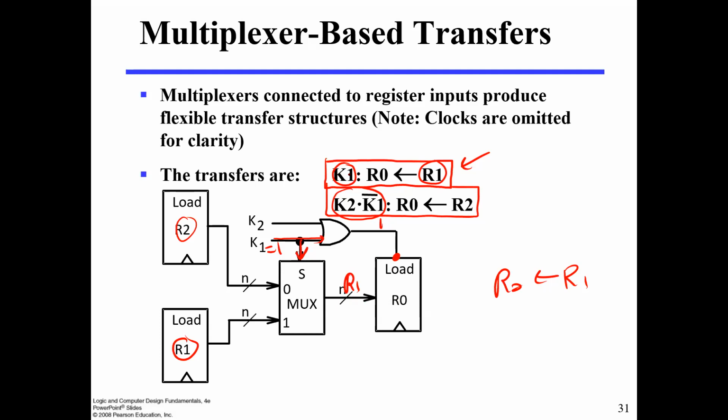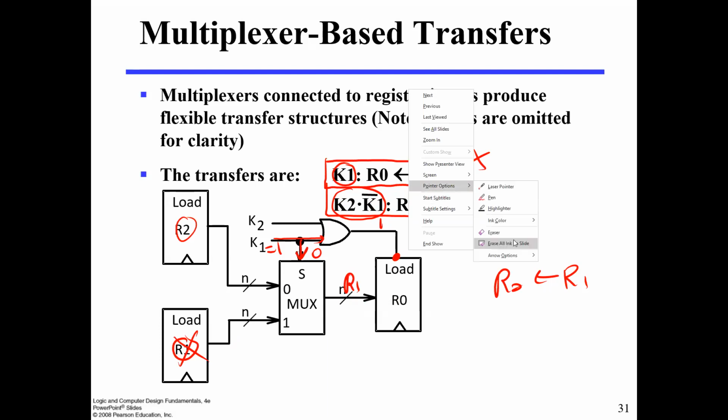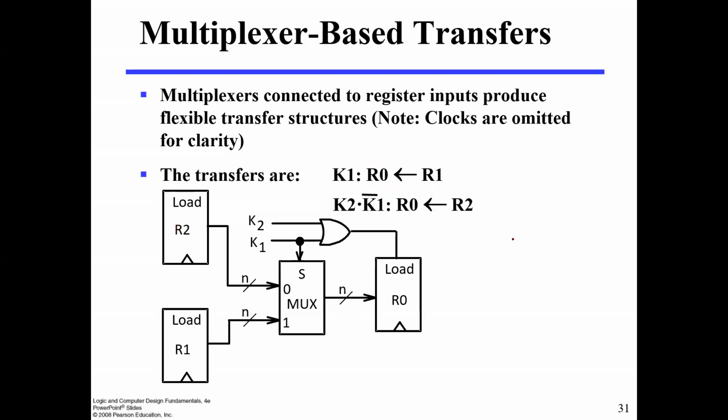If k1 equals 0, we will not choose R1, so this operation will not occur. At the same time, if k1 equals 0 and k2 equals 1, I want to load the value of R2 into R0. So if k2 is equal to 1, that means the output of this OR, the load, will be 1.